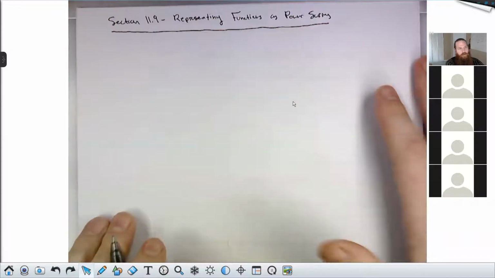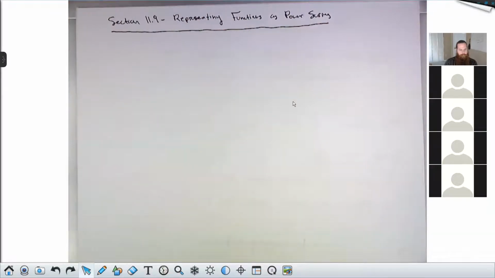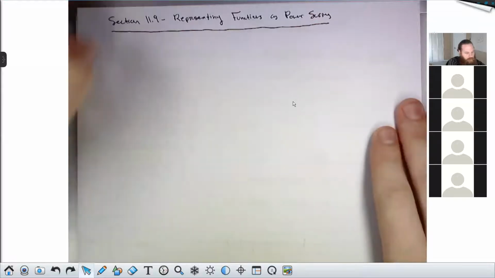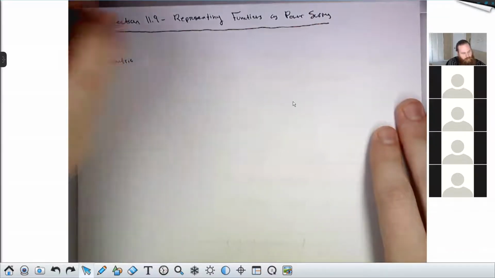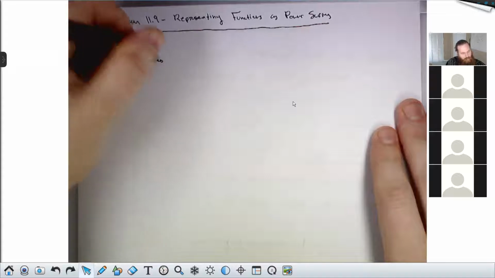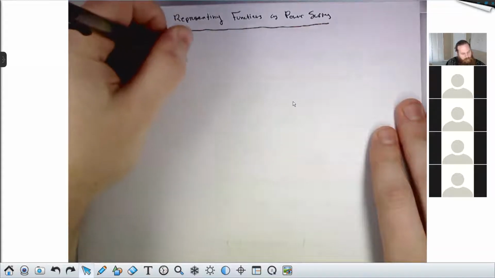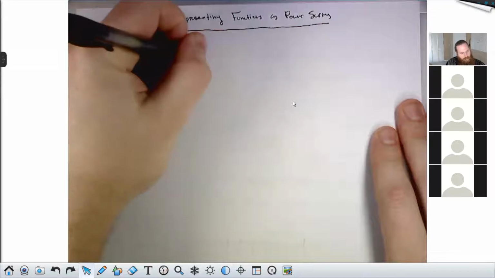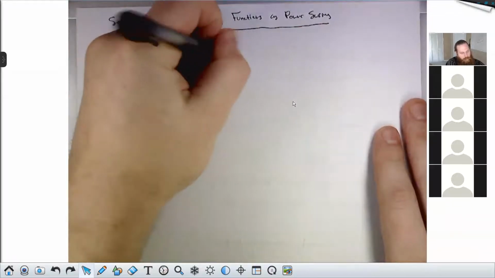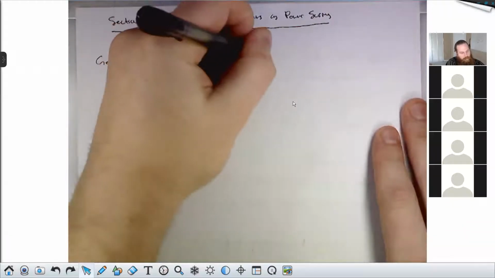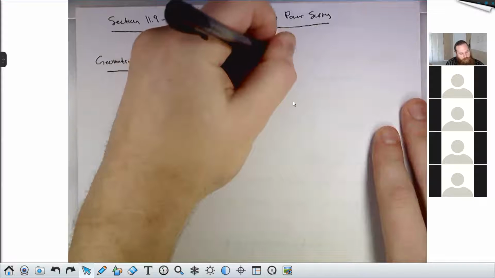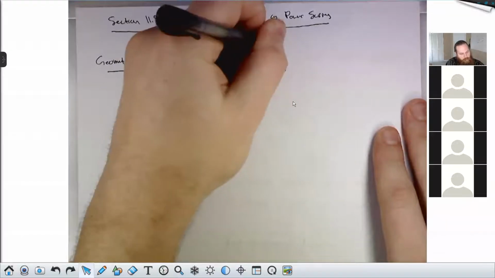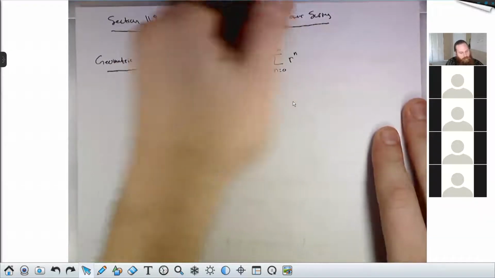And today I'm just going to teach you one trick. It's called the geometric series trick. And it's real simple. It's just 1 over 1 minus r is sigma n from 0 to infinity r to the n.